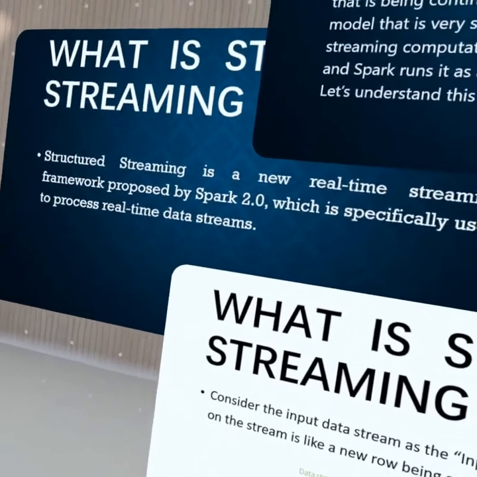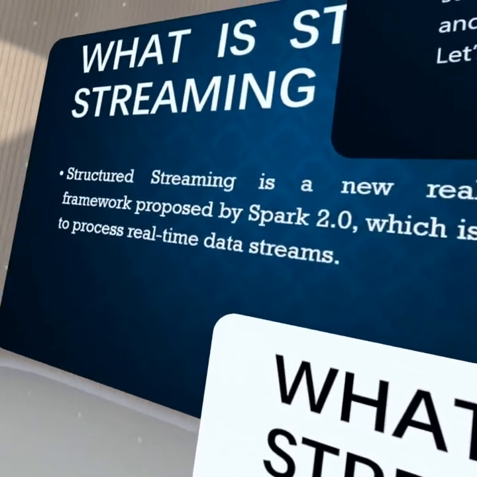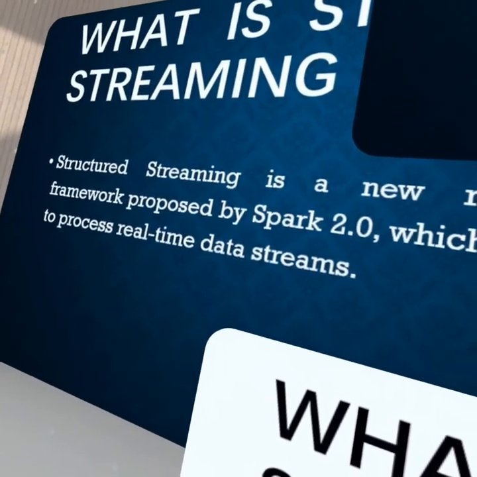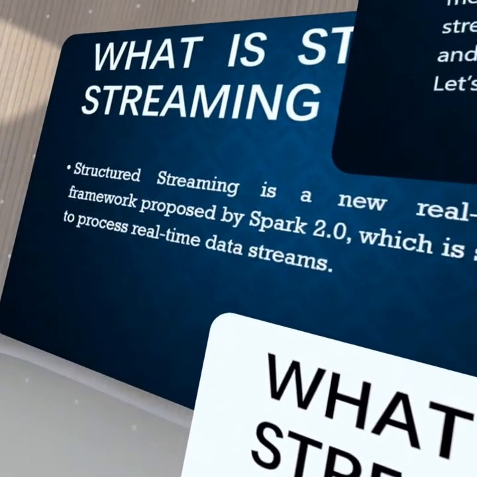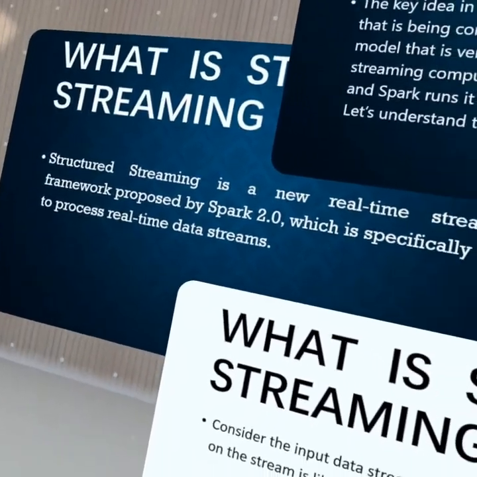Well, structured streaming is a new real-time streaming framework proposed by Spark 2.0, which is specifically used to process real-time data streams. Next, let us understand the programming model of structured streaming.